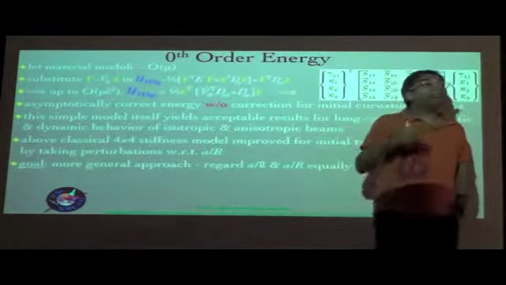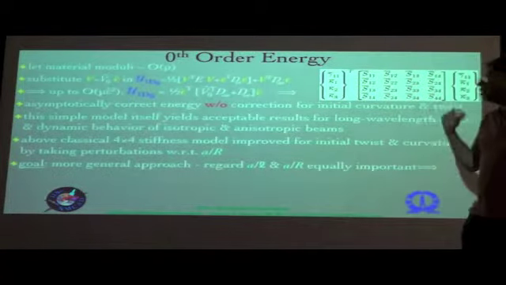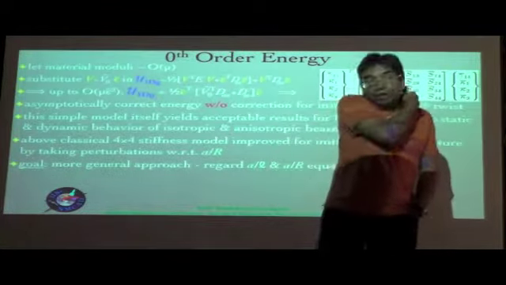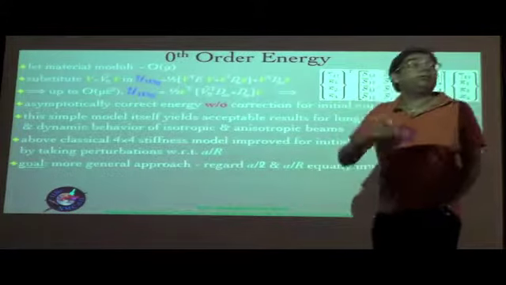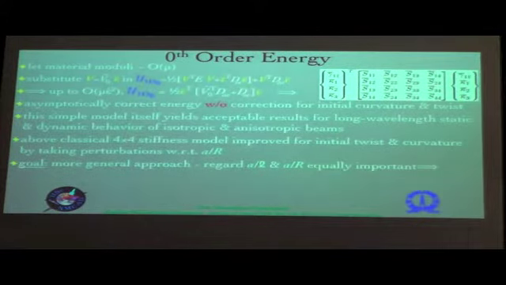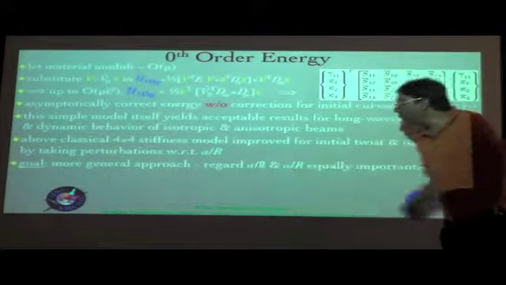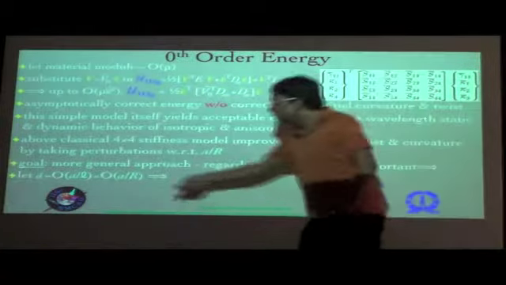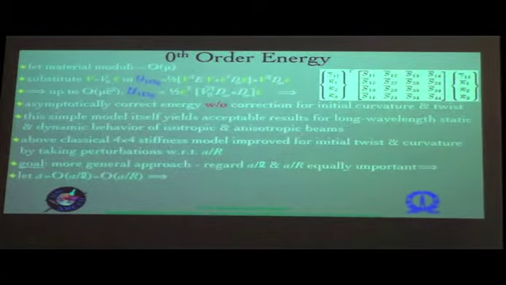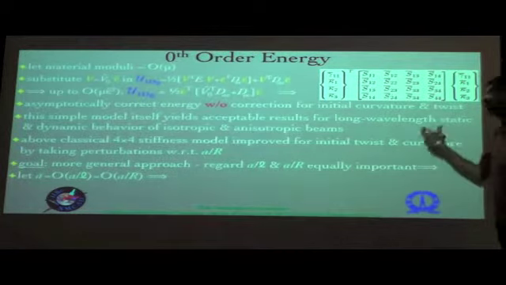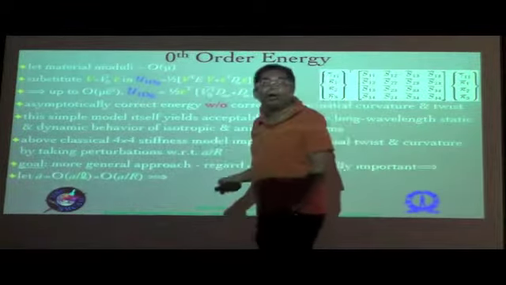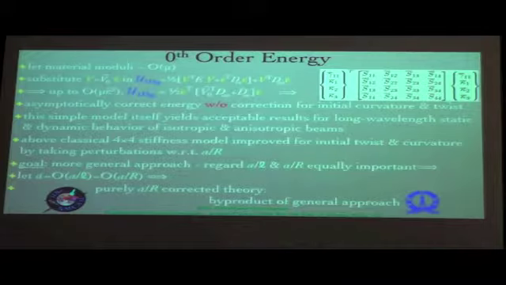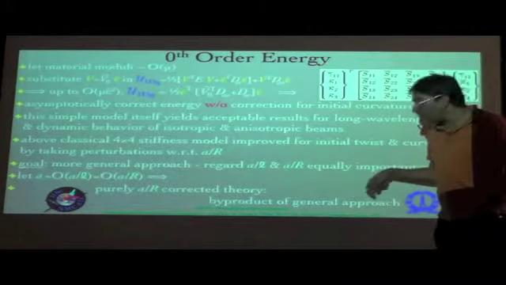But both of these can be achieved with a single stroke, because we have assumed L and R to be of the same order of magnitude, or in other words A by R and A by L to be similar kinds of small parameters. So the more general approach is to regard both A by L and A by R as important, of the same order, as we already said. Let's call the order of magnitude of that quantity A bar, a small parameter. A purely A by R corrected theory would then become just a byproduct of that general approach.